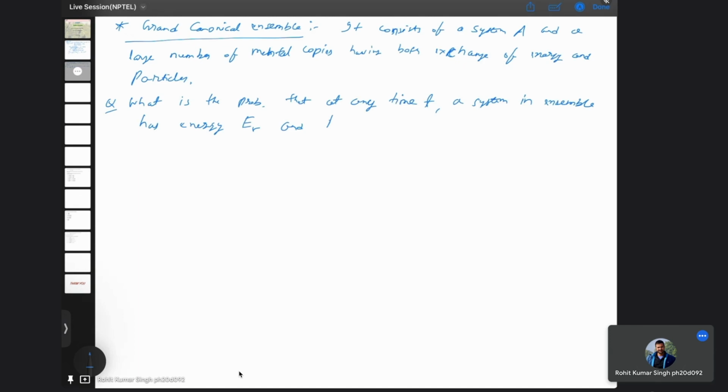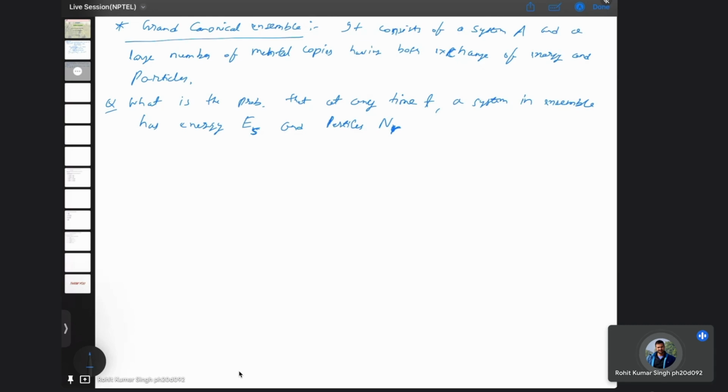particles NS, or we can write ES or NR. They are just dummy variables, so nothing to worry about.